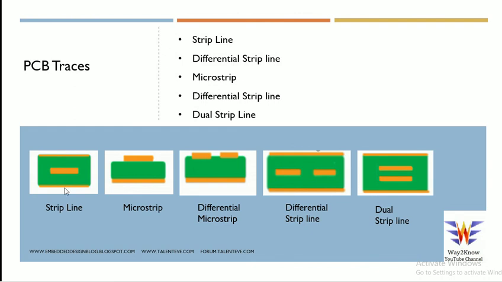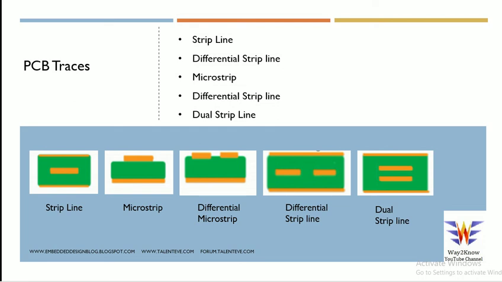Such a PCB trace is embedded; for example, in a 4-layer board, the second or third layer routing is called a stripline, because it is embedded inside the PCB and is not visible outside.